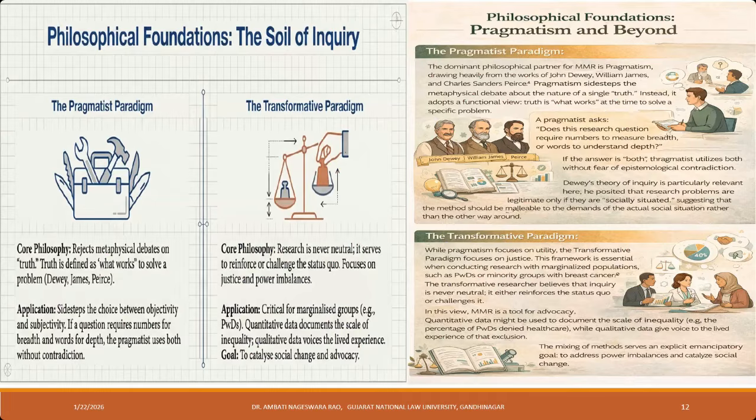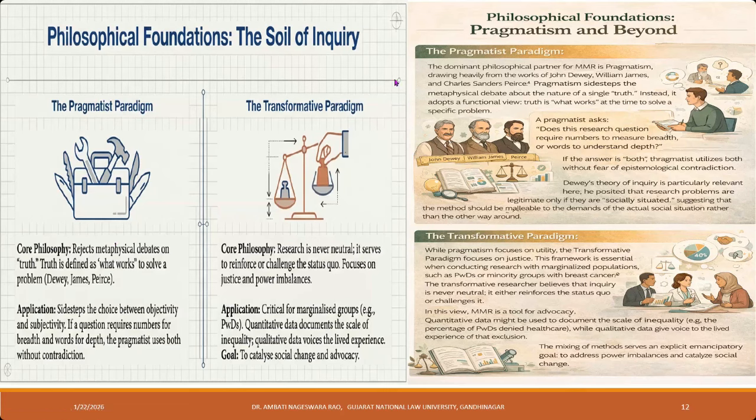As a doctorate, I need to have my own publications. That is there. But if you look at it from a completely research point of view, are you able to justify the kind of solution that you want to provide through your research work? So by following the pragmatic approach, by combining both quantitative and qualitative, I am able to justify my research questions.